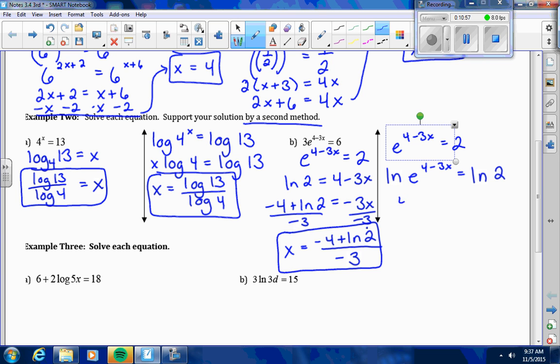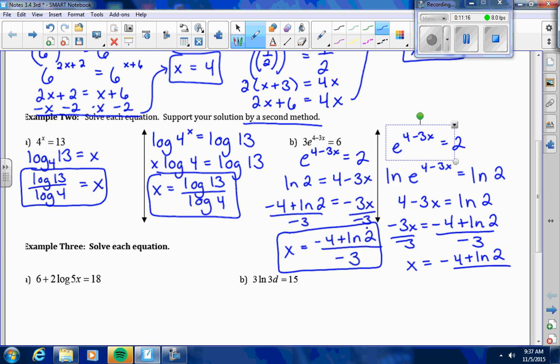So you have 4 minus 3x equals natural log of 2. Subtract the 4. So negative 3x equals negative 4 plus natural log of 2, and then divide by the negative 3. So x equals negative 4 plus natural log 2 divided by negative 3. And that's our second way of solving it.